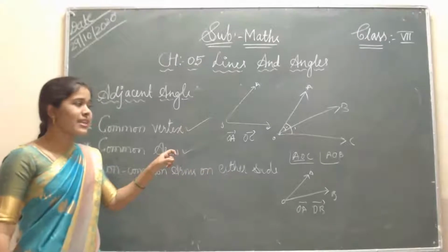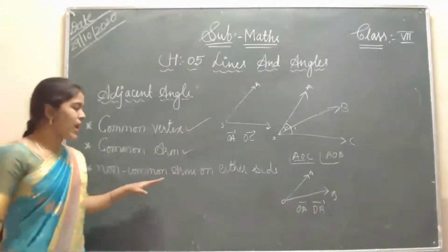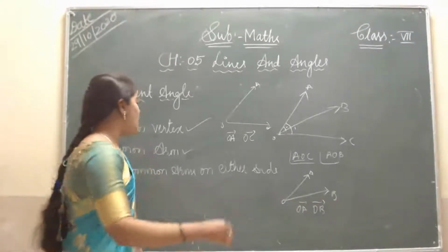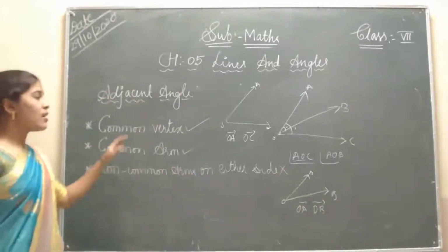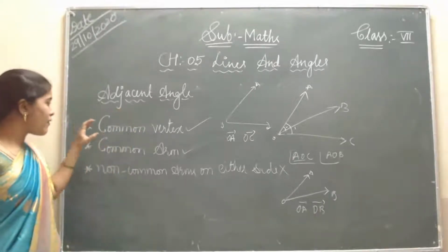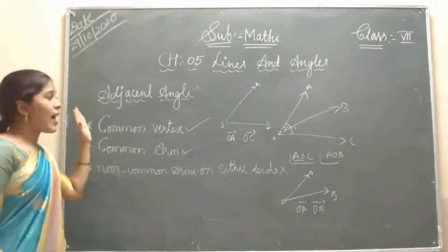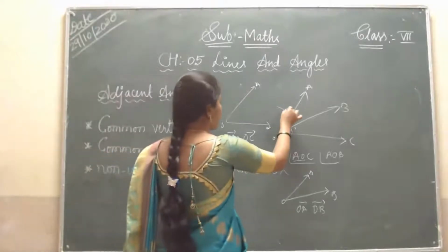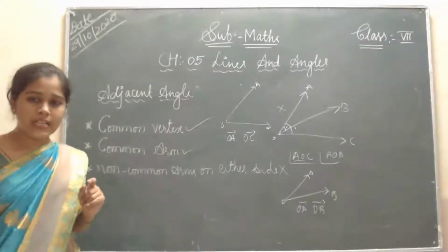So if one rule is not satisfied, then the whole thing is not an adjacent angle. Understood? If these three points are satisfied, then only the angles are adjacent. Otherwise, the angles are not adjacent. So this one is not an adjacent angle. Understood? So this is all about adjacent angles.